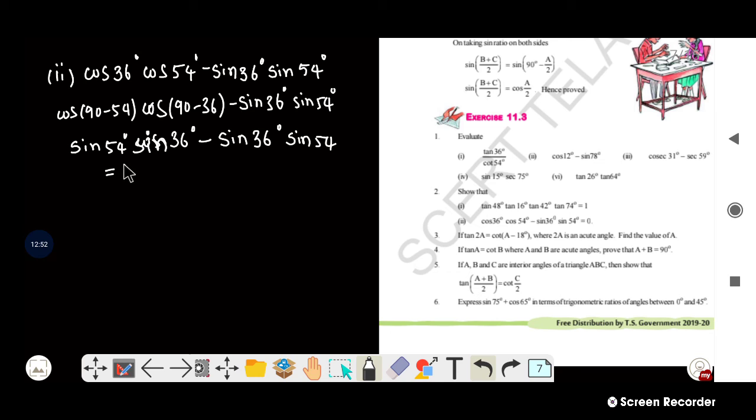Then it becomes 0. So then LHS is equal to RHS. So got it now? Now we'll go for the next question.